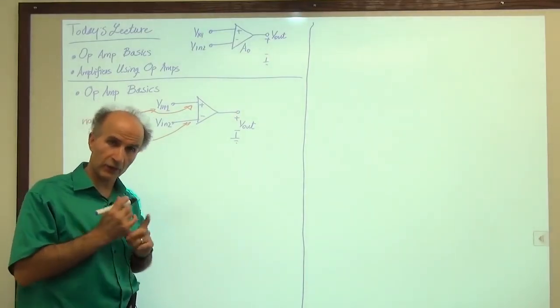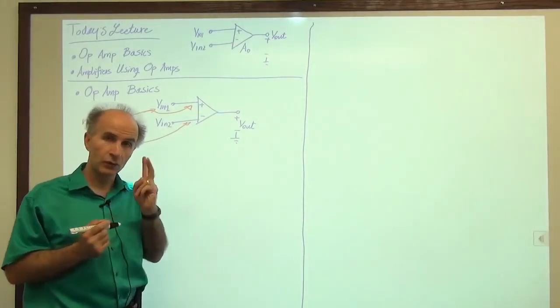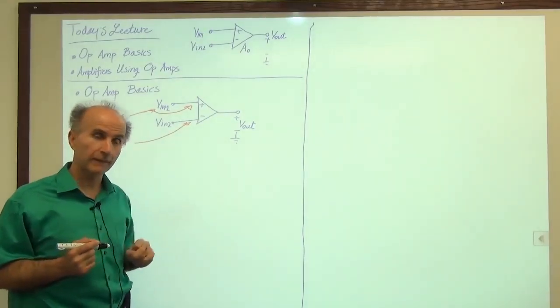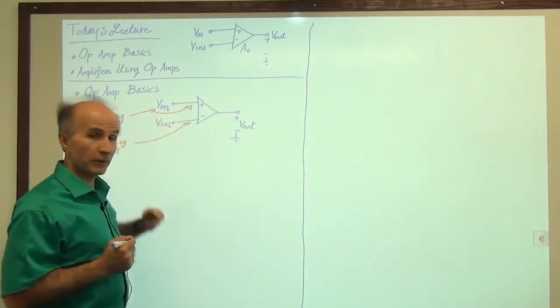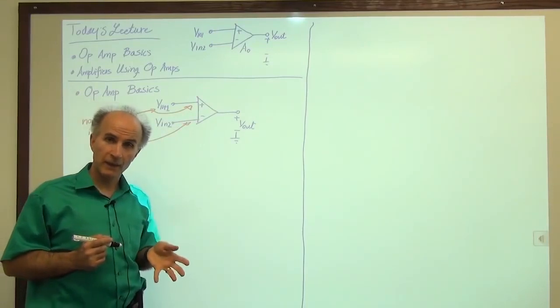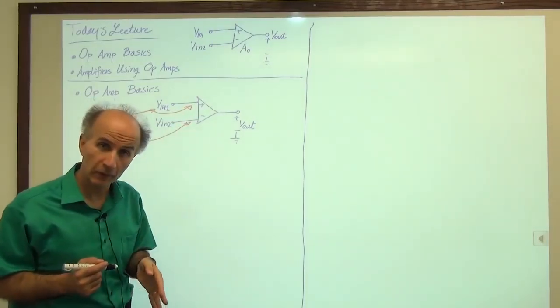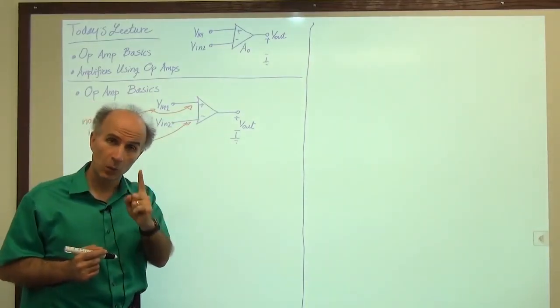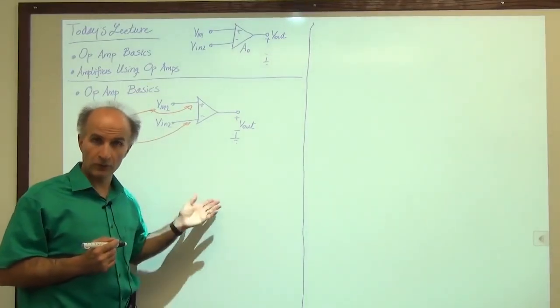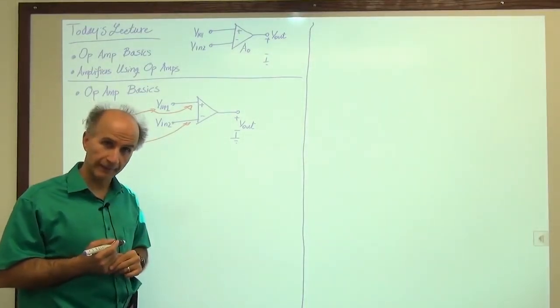Okay, so the answer to this question is as follows. There are two advantages. Number one, if we have two inputs, we can build certain circuits that would not be possible to build with only one input. And I will show you at least one example today.